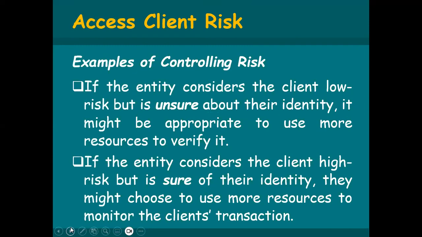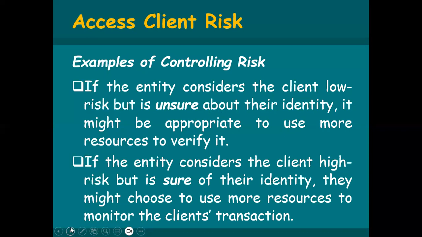Example of controlling risk. If the entity considers the client low risk but is unsure about their identity, it might be appropriate to use more resources to verify it. So identification is one of the very important factors, you should know the customer.